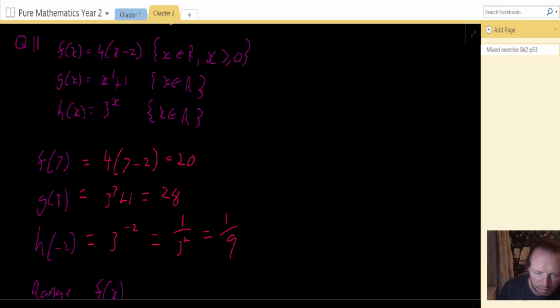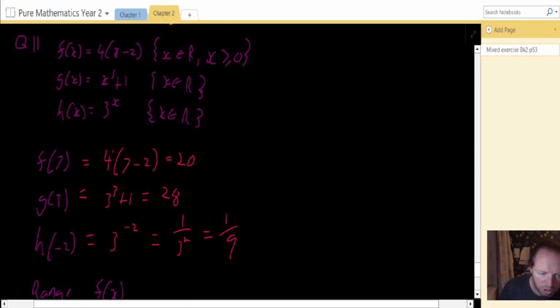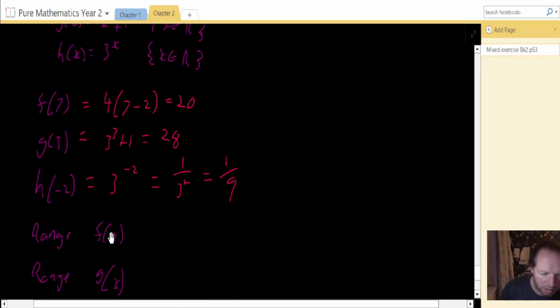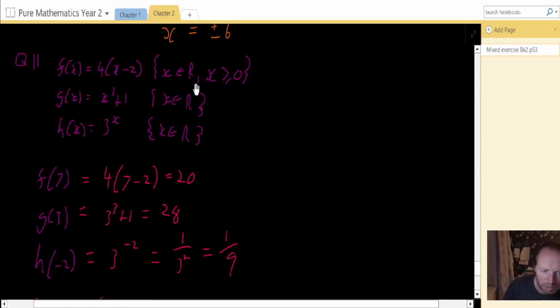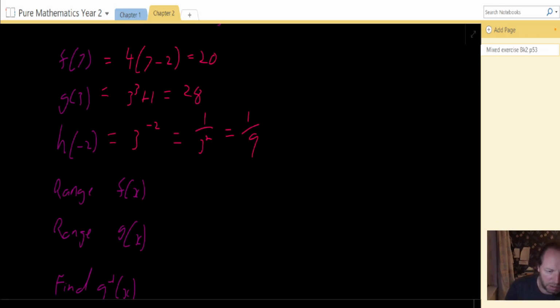So the next bit is to find the range of f of x and the range of g of x. f of x is 4x minus 2.